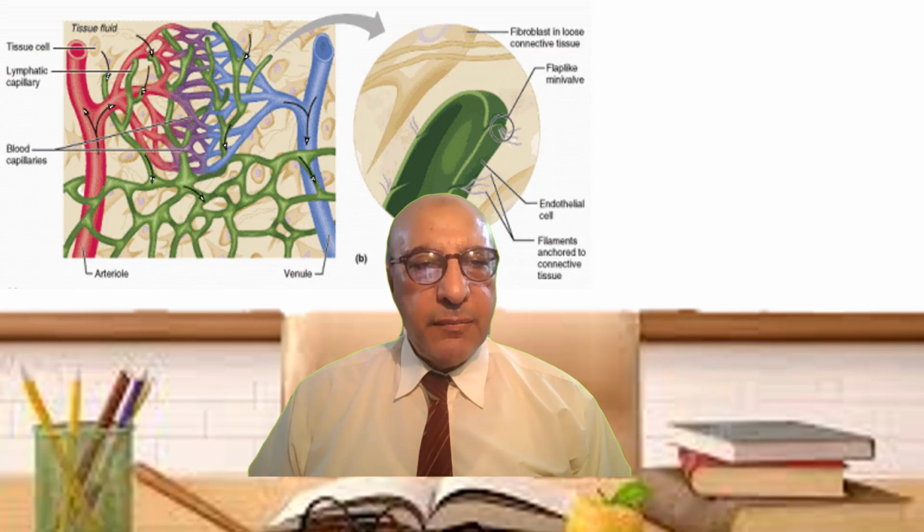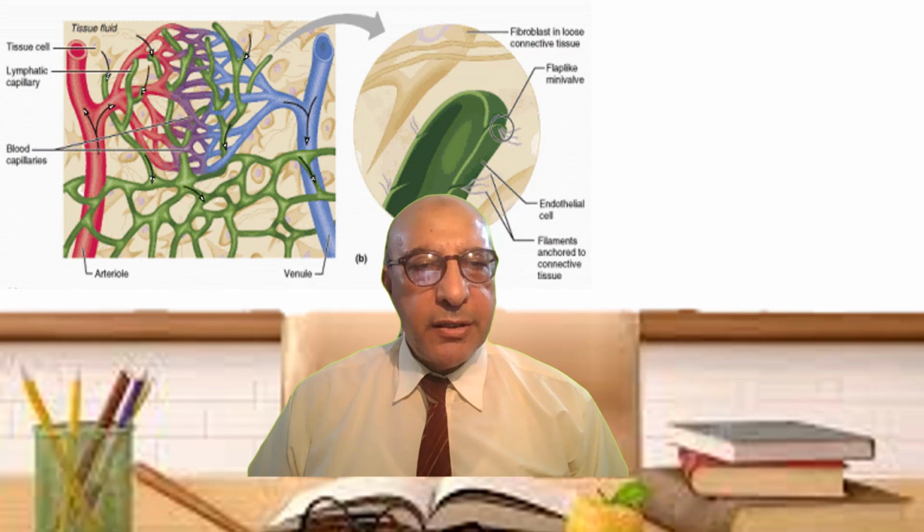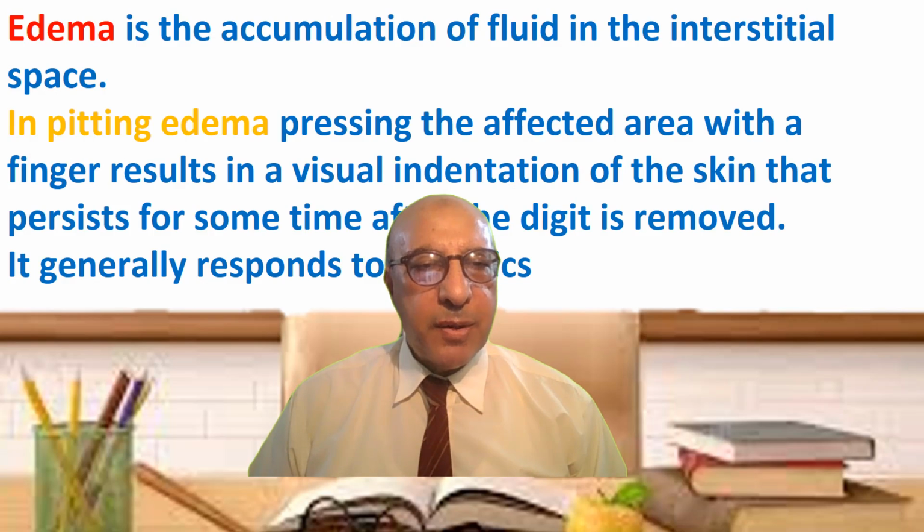We can see here in green, of course, the red ones are the capillaries, which lie between the arterioles and the venules, and next to each of them we have a lymphatic vessel running to drain the extra 10% we talked about so that it will be returned back to the circulation. Another very important function of the lymphatics is to drain any proteins present in the interstitial fluid to be returned back to the circulation, preventing their loss.